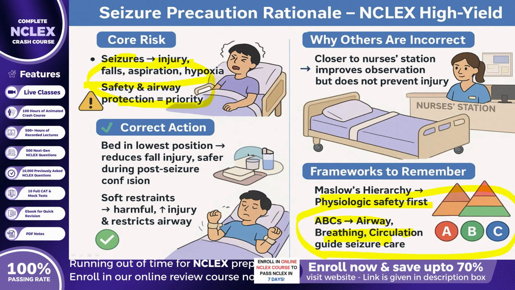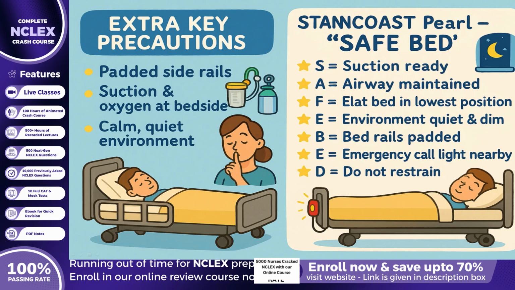Turning to option 1, moving the client closer to the nurse's station might seem helpful for observation, but this does not directly prevent injury when a seizure occurs. Observation without environmental safety measures is not sufficient, so this is not the priority. Considering option 2, serving meals with paper and plastic containers can reduce the risk of cuts during a mealtime seizure.